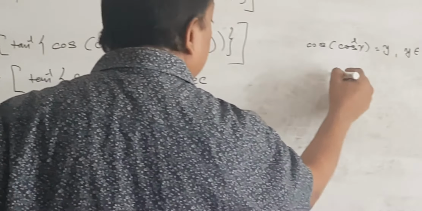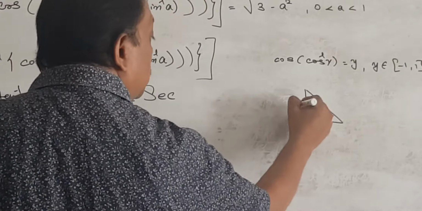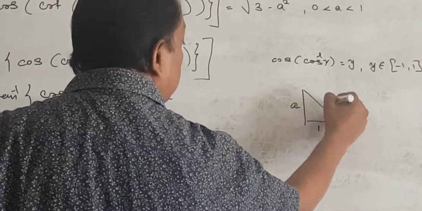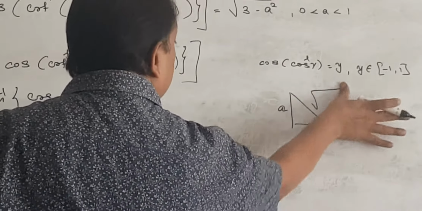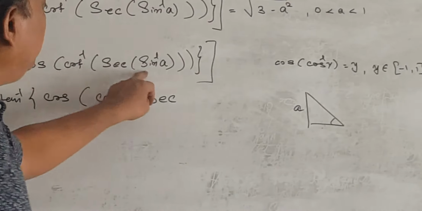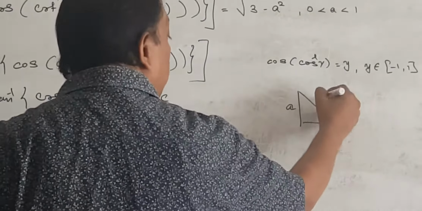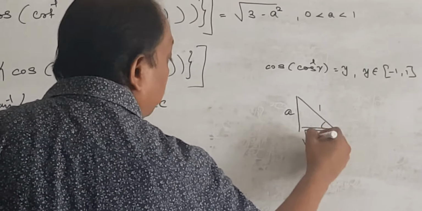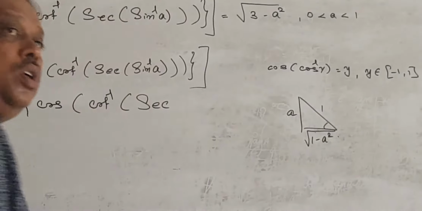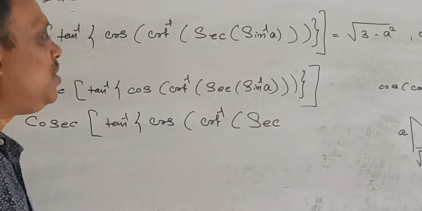So first we use a right angle triangle. Sine inverse means opposite side upon hypotenuse, so this should be a and the hypotenuse 1. So the adjacent side becomes root of 1 minus a square. Now we want to convert the sine inverse into sec inverse.